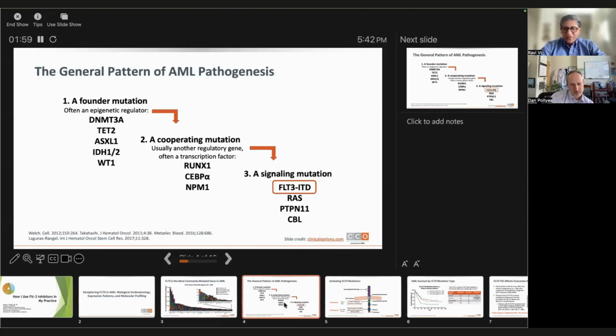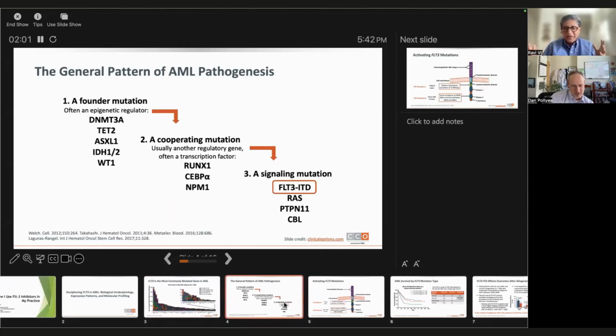So is it a mutation that occurs very early in the evolution? Is it a late mutation? How do you describe it? Yeah, it's important to remember there's two main types of FLT3 mutations. There's the FLT3-ITD, which we're mostly talking about here, has a negative prognostic significance historically, and causes proliferative disease.